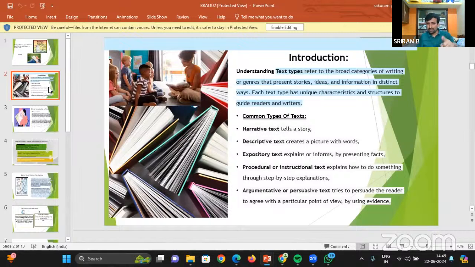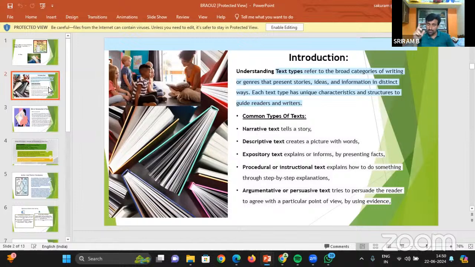In the slide, you must take this screenshot because I prepared it in a summarized way. Narrative, stories. Descriptive, illustration and pictures. Expository, it explains, it exposes the information, it presents facts.